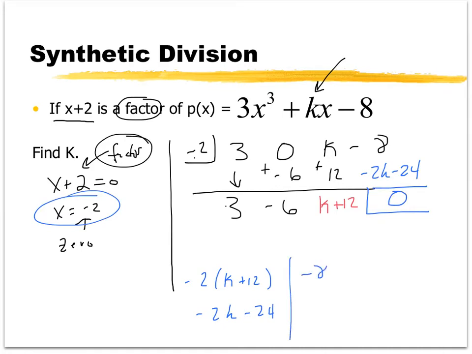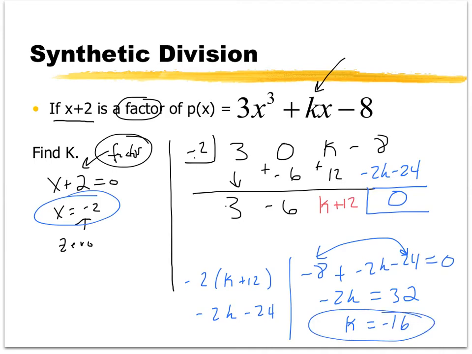So I know negative 8 plus negative 2k minus 24 is equal to 0. Then I combine like terms. Negative 8 and negative 24 is negative 32. Move it to the other side, that's 32. So k is equal to negative 16.